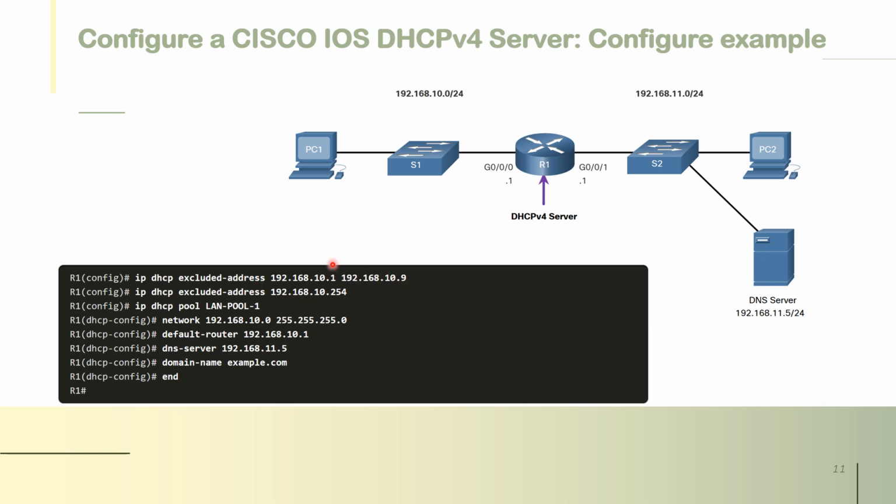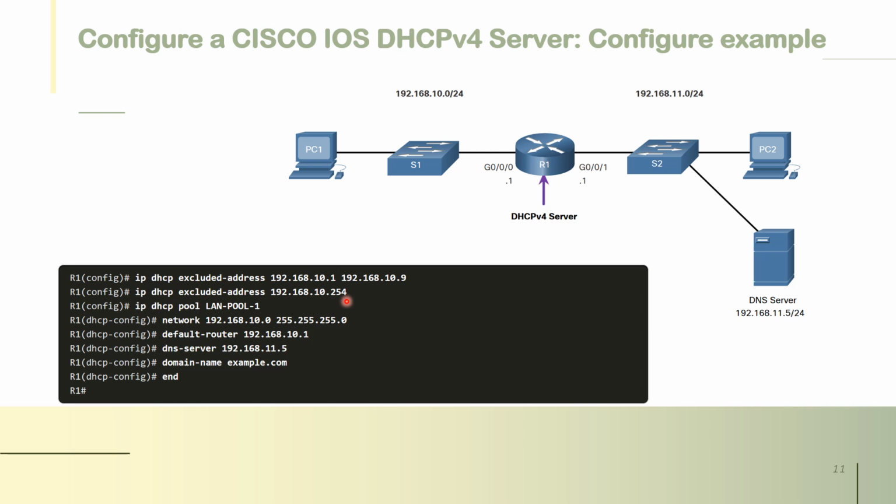All the IP addresses that are part of this range will be excluded from the IP pool, and even 192.168.10.254 is excluded. Those excluded IPv4 addresses are for devices that will have a static IPv4 address. For example, servers, printers, and any other devices whose IPv4 address we will not change.